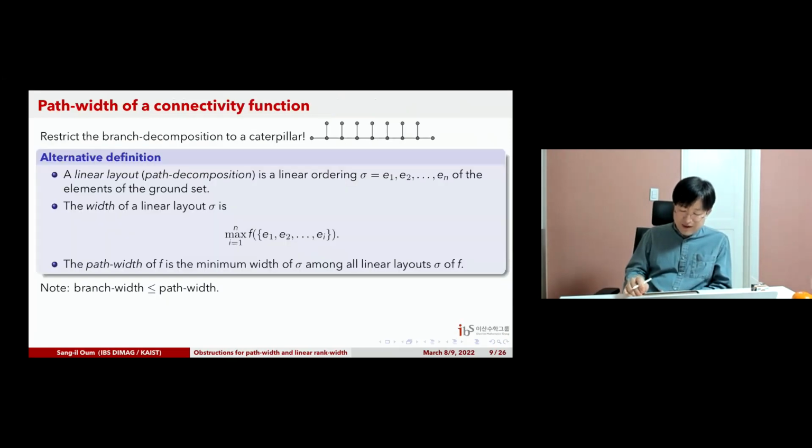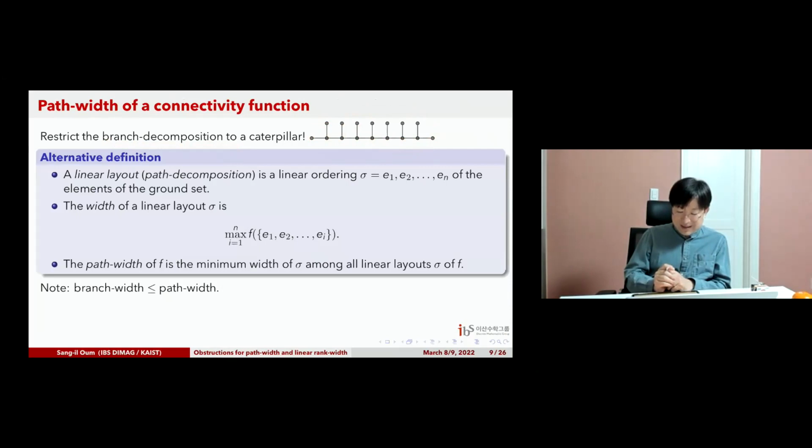Now, how do we define linear rank width? Well, we will restrict the trees. In the definition of branch decomposition, I will restrict the trees to caterpillars. Caterpillars are trees that have a particular path called the spine, where every leaf is adjacent to one of the vertices of the spine.